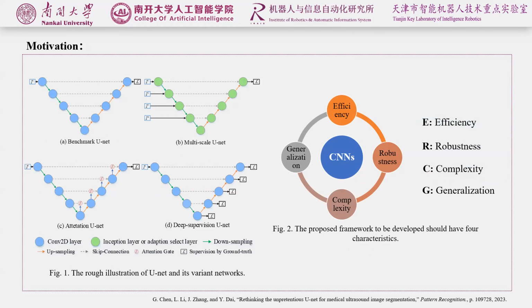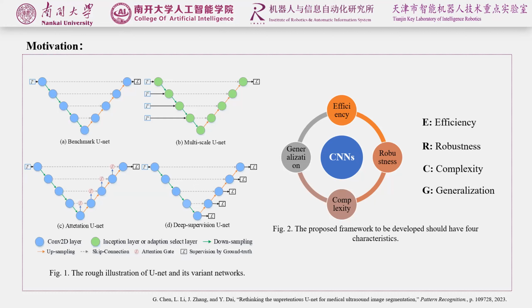The first is the motivation. As we all know, since the emergence of UNet, it and its variants have been widely studied on various segmentation tasks, especially on medical imaging analysis. Figure 1 shows the 4 types of variants based on UNet on segmentation tasks, such as the multi-scale variant, the attention variant, the deep supervision variant, and their hybrid variant.